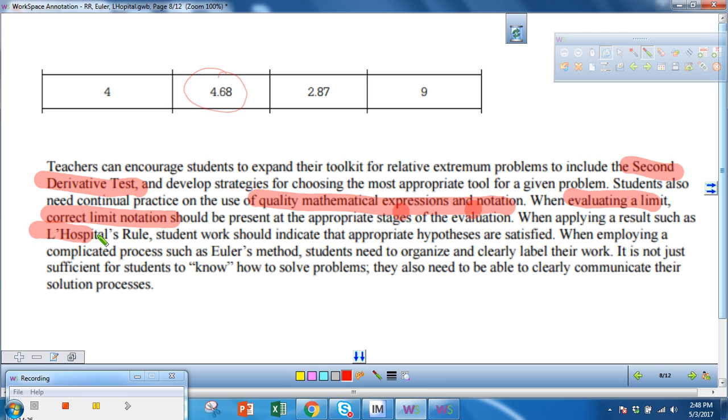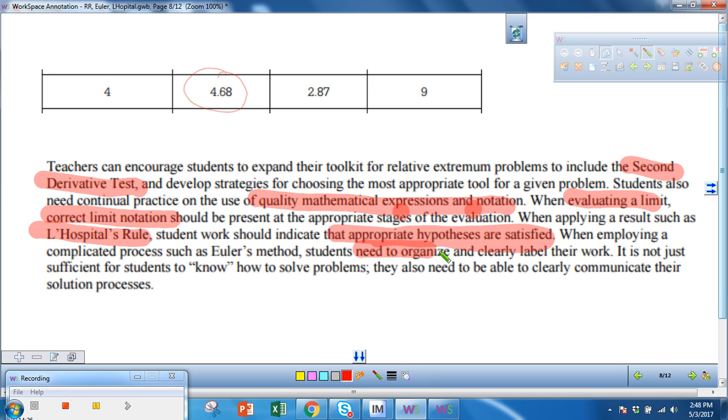Anytime you use a hypothesis, you have to state that the conditions are met to use that hypothesis. So before you could use L'Hopital's rule, you had to state that it was indeterminate. Same thing for mean value theorem. Before you can use mean value theorem, you have to state that the function is continuous and differentiable.